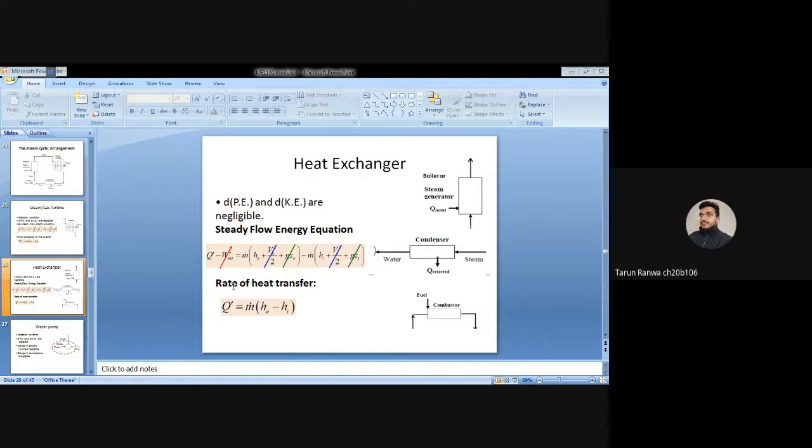So the rate of heat transfer equals m dot into He minus Hi. Several types of heat exchanger are present: the boiler, the condenser, and the combustion chamber. These are all heat exchangers.